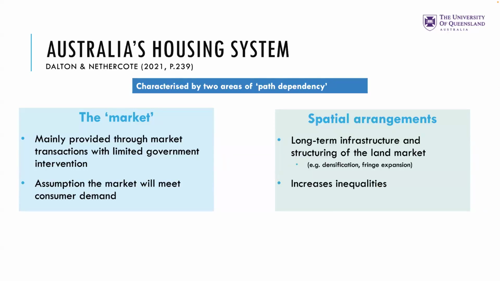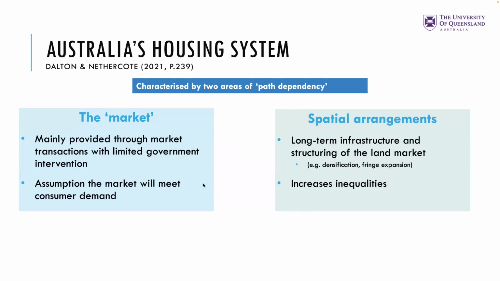The second path dependency relates to spatial arrangements. And this really refers to how housing availability follows patterns established by long-term infrastructure and land market planning. For example, as new roads and infrastructures are developed, surrounding land is often released and developed for future housing.